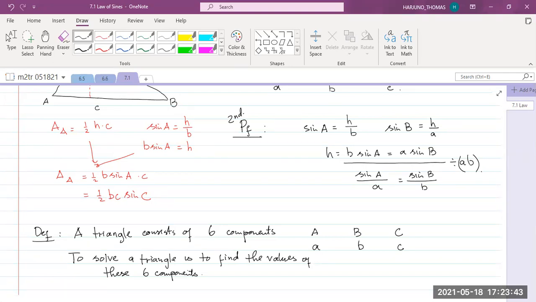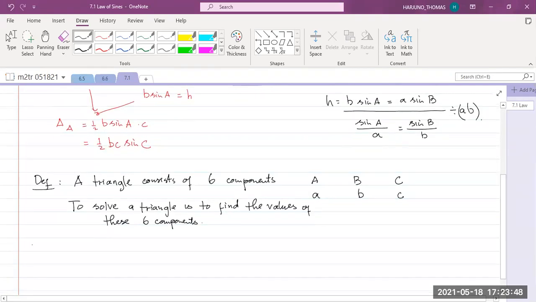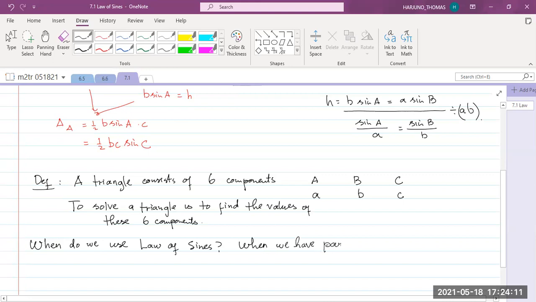Now, when do we use law of sines? When we have a pair that is an angle and its opposite side.